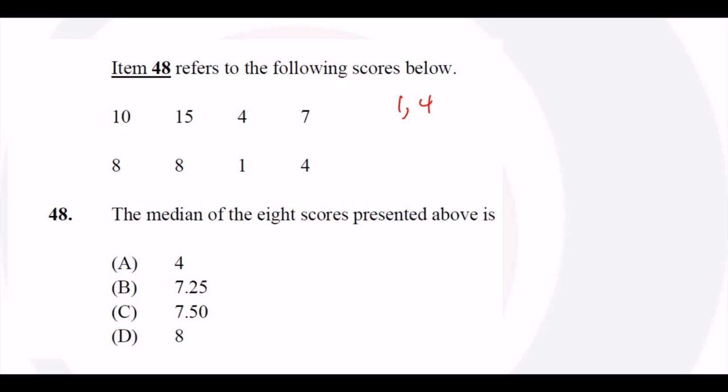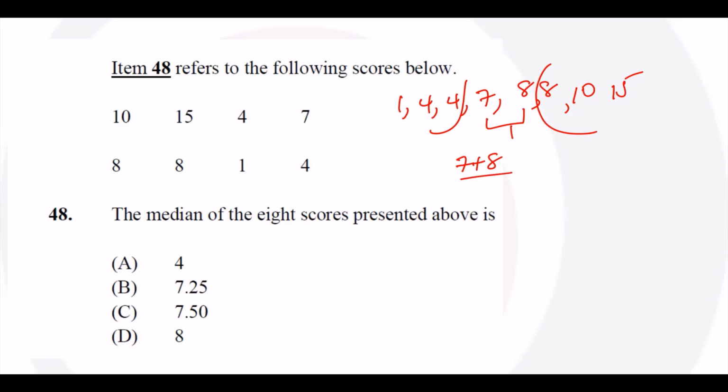So 1, 4, 4, 7, 8, 8, 10, 15. And then we find the middle. So we have 3 here and 3 here. So we're left with 7 and 8 in the middle. So 7 plus 8, we're going to find the average of the middle numbers, divided by 2.